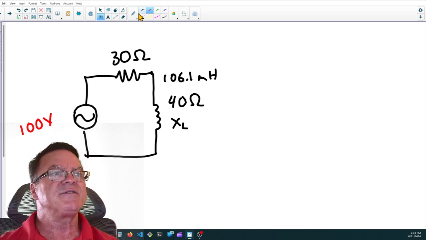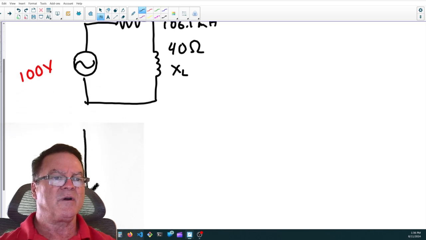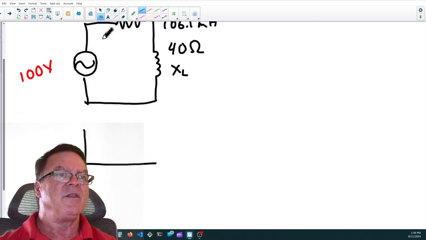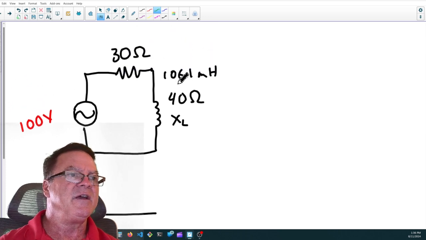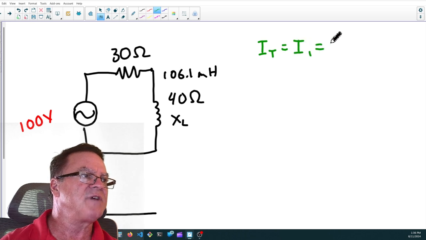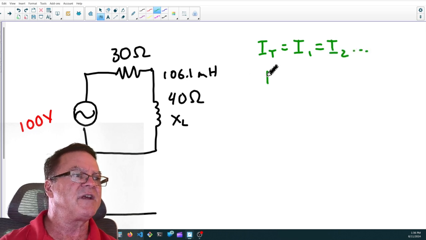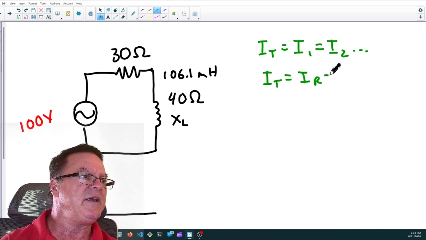So here's the thing, when we start plotting this, we're going to see that since it's a series circuit, the current is the same everywhere in the circuit. Just like when we had a series circuit with purely resistive, and we said IT equals I1 equals I2 equals I3, well, this is going to say the total current equals the current through the resistor equals the current through the inductor.